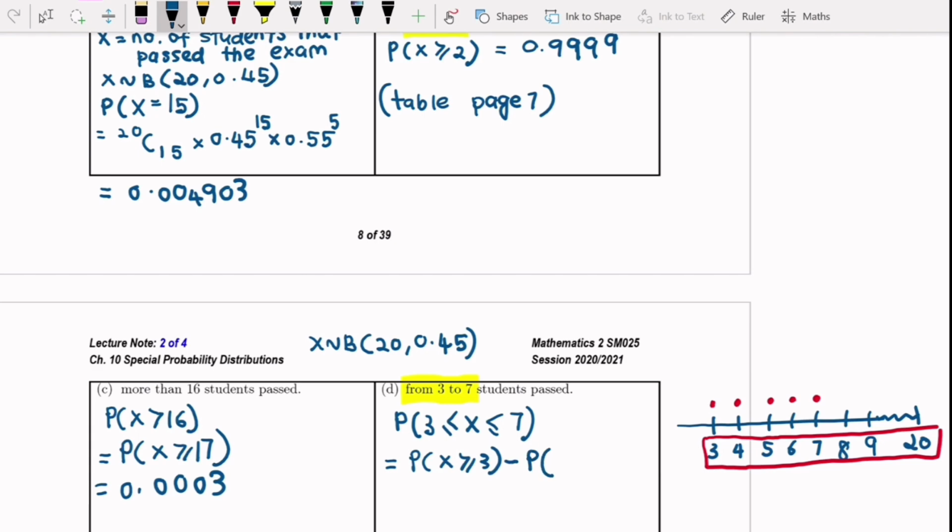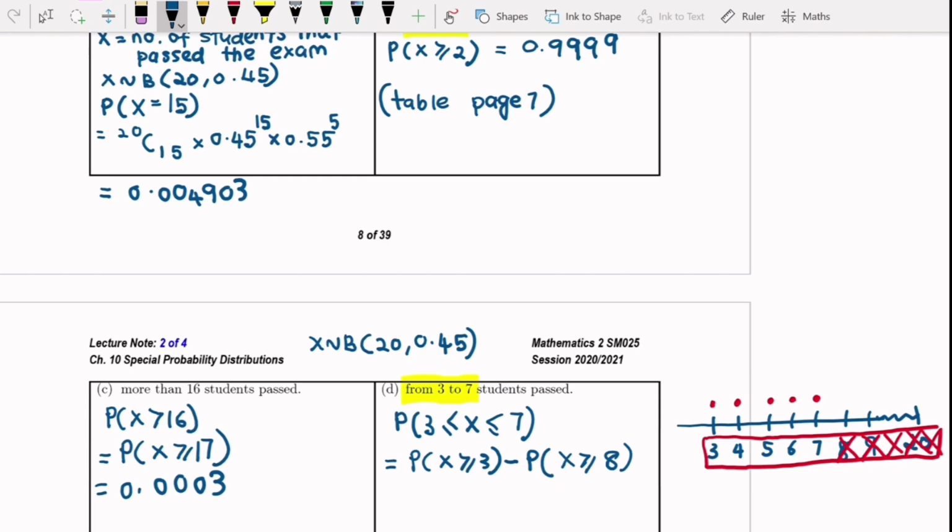What we don't want is from 8 onwards: 8, 9, 10 up until 20. So x greater than or equal to 8. So probability x between 3 and 7 inclusive is equal to probability x greater than or equal to 3 minus probability x greater than or equal to 8.